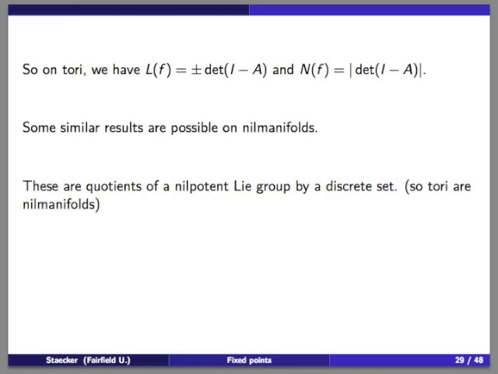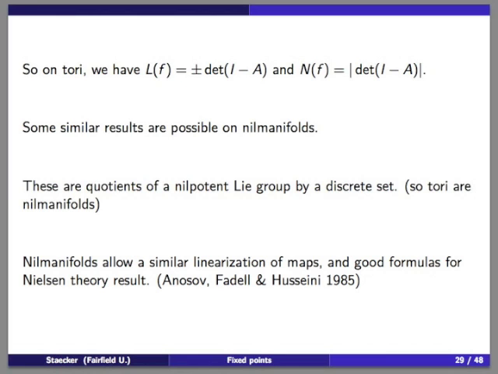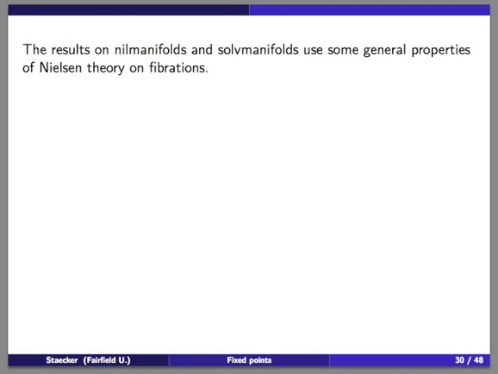So tori are nil manifolds. On the nil manifolds, you can similarly linearize the maps, and you can get nice formulas. This was done independently by Anosov and Fadell and Husseini in the 80s.